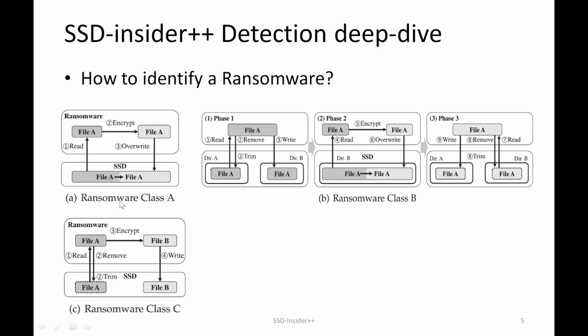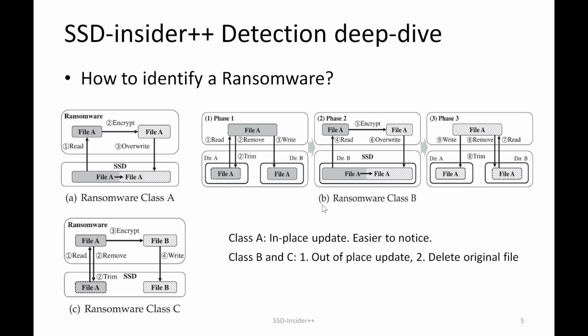Right? So class A is where we are writing the encrypted file potentially to the same file. Of course, physically they are different. So this is the in-place write, class A, but class B and class C would be out-of-place writes. Right? So class A is easier to notice, as we observed, but class B and C are a little more difficult. Also, they delete the original files. So recovery in class B and C is more challenging.